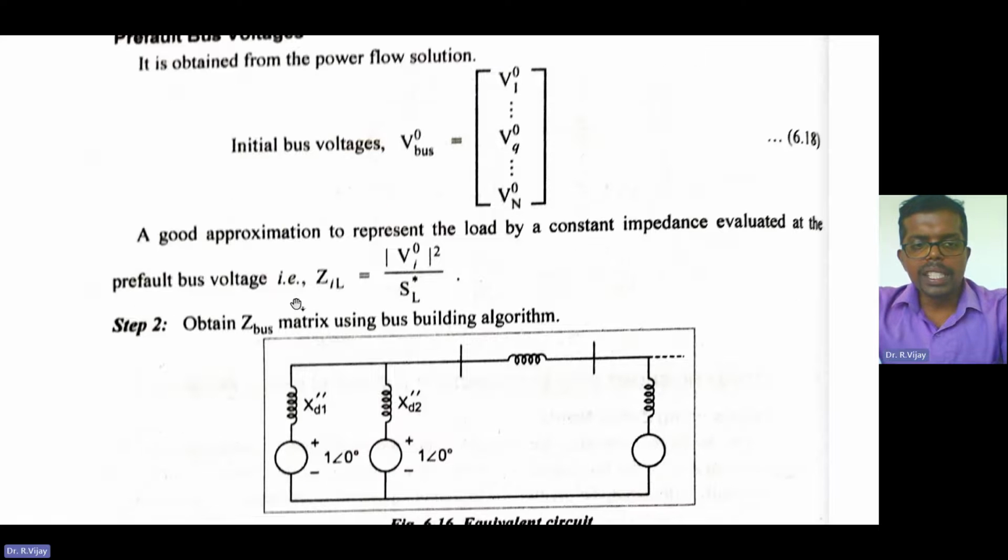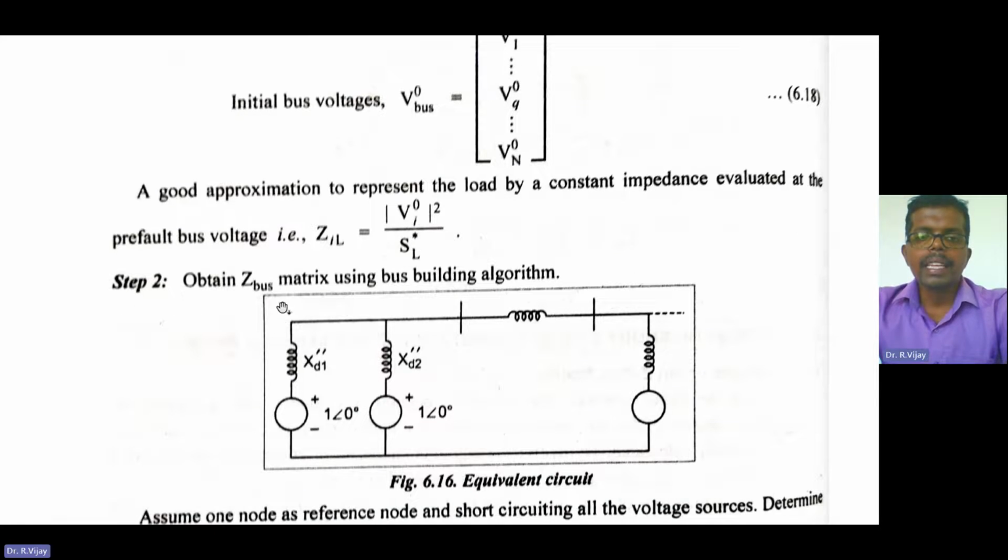Step number 2 is to obtain the Zbus matrix using the bus building algorithm. This bus building algorithm we explained in detail in our previous classes. I can give that class in the comment section, and also in the description, so you can watch how to formulate the Zbus matrix using the bus building algorithm.